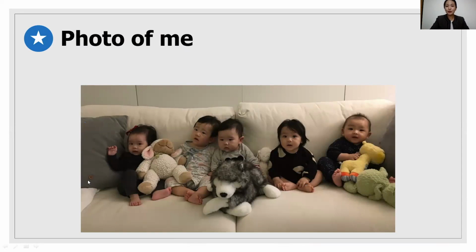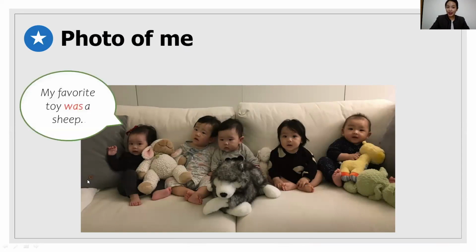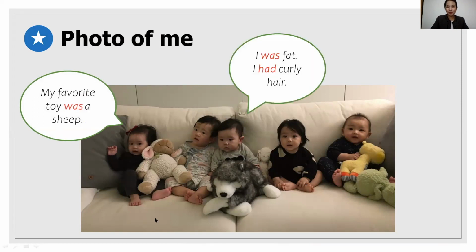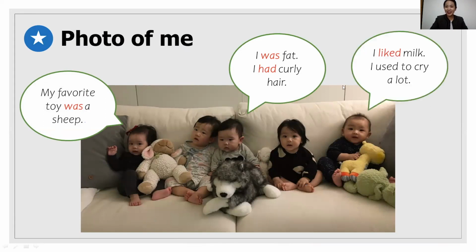And your students will answer using the past form, like, my favorite toy was a sheep, and I was fat, I had curly hair, and I liked milk, like this. So ask your students to bring the photo to the classroom. It will be a lot of fun.